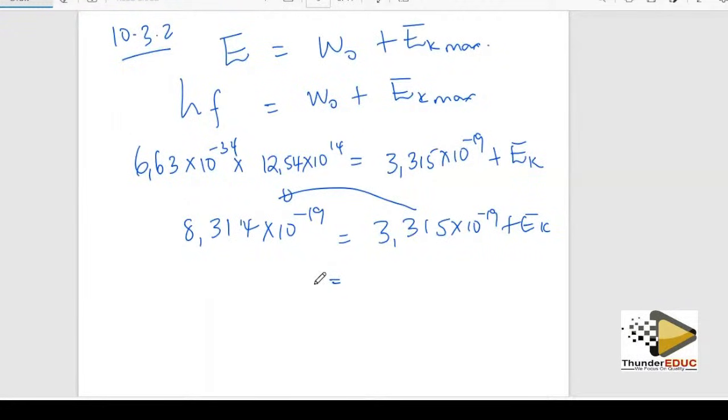When I insert this into the machine, 8.314 times 10 to the negative 19, we're subtracting 3.315 times 10 to the negative 19.